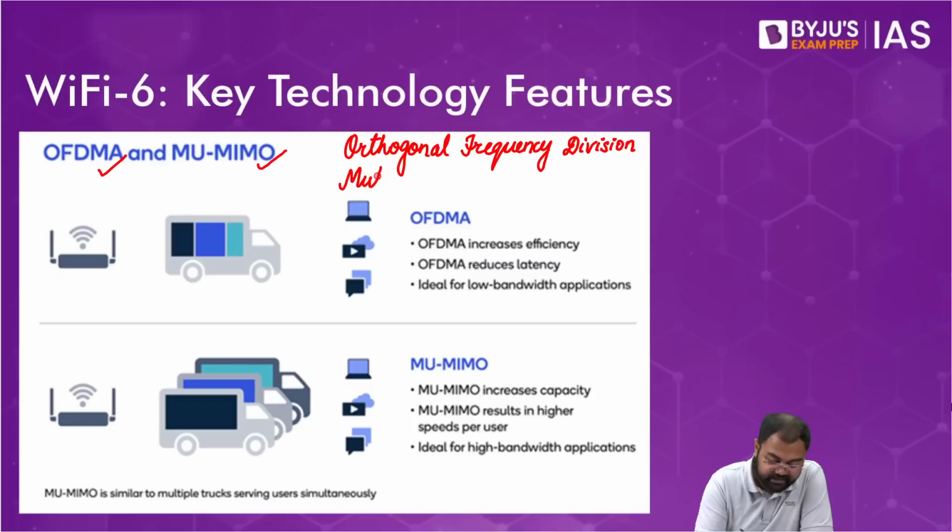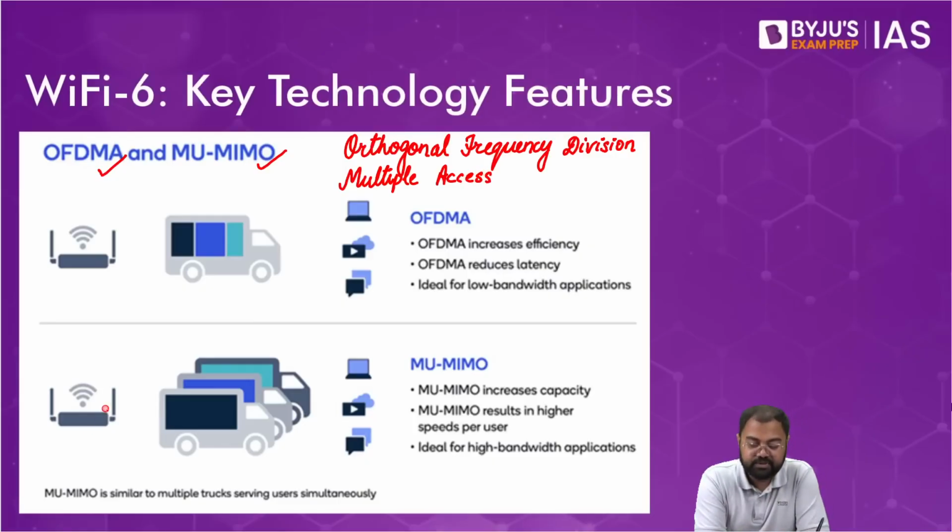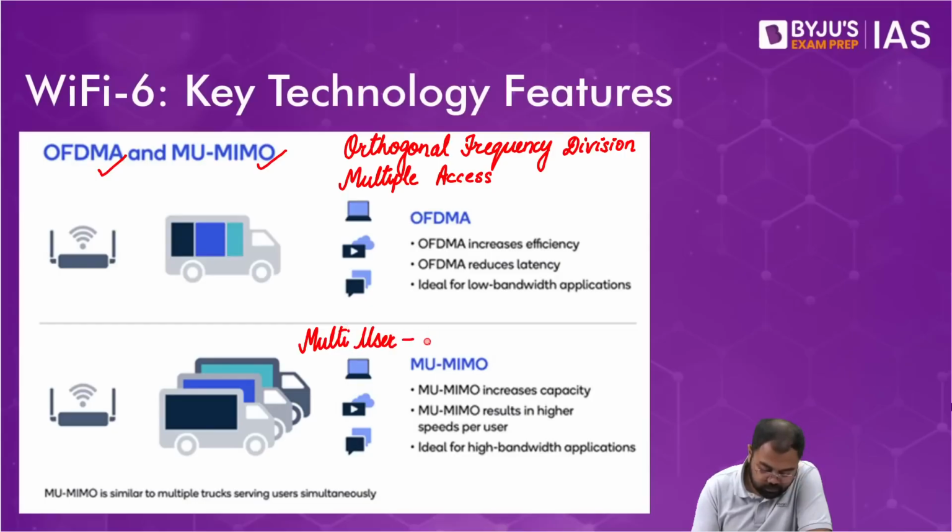OFDMA stands for orthogonal frequency division multiple access. And the second one is MU-MIMO, that is multi-user, multiple input, multiple output.